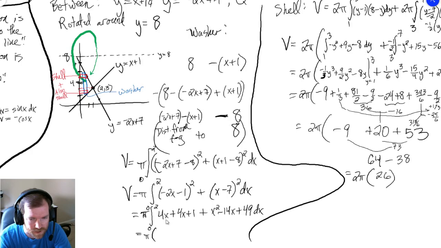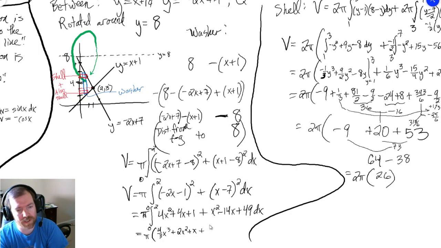All right, pi times. Integral of 4x squared is going to be 4/3 x cubed, plus integral of 4x is going to be 2x squared, plus x, plus, we could combine this ahead of time.